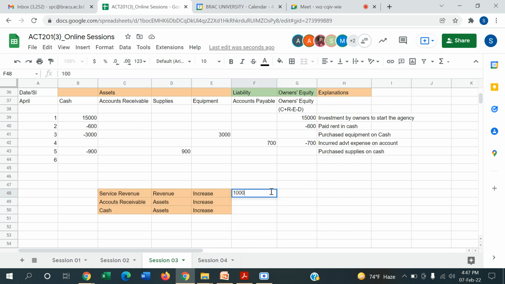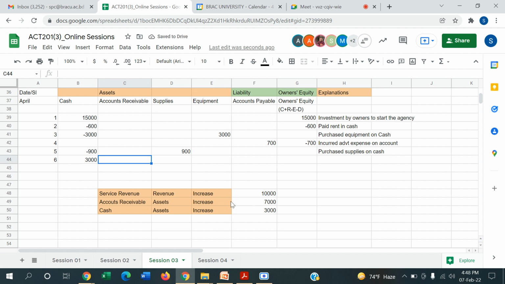We also mentioned the amounts earlier. 10,000 was the service revenue. Accounts receivable was 7,000. 3,000 was cash. Let's start from the bottom. Cash 3,000 increased.